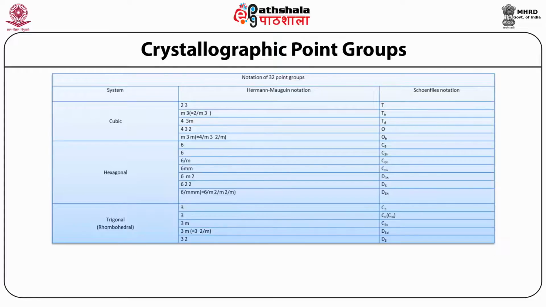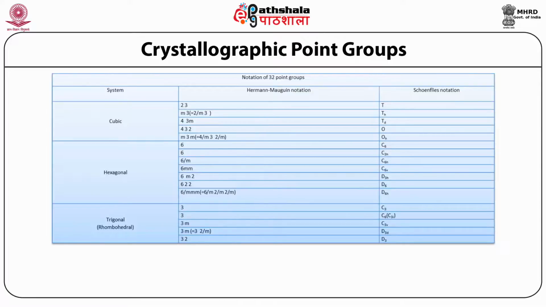Then is hexagonal system. The point groups of hexagonal system in HM notations are represented as 6, 6 bar, 6 by m, 6mm, 6 bar m2, 622, 6 by mmm, which is equivalent to 6 by m, 2 by m, 2 by m.